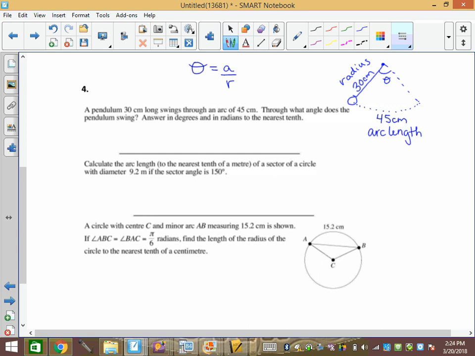So on your formula, that's your arc length. That's your radius.